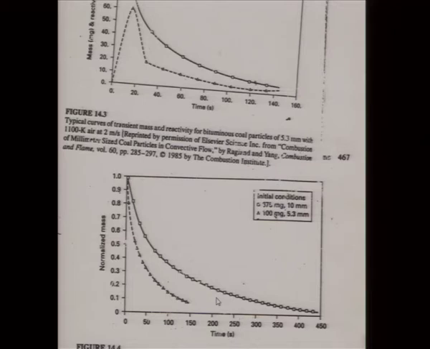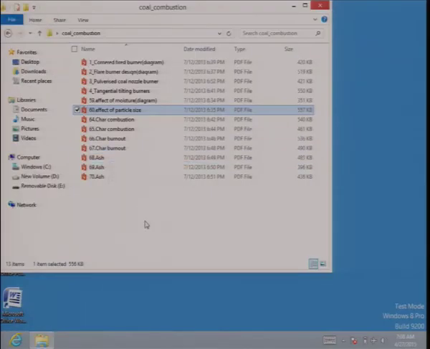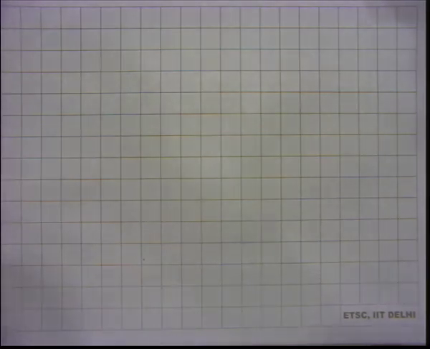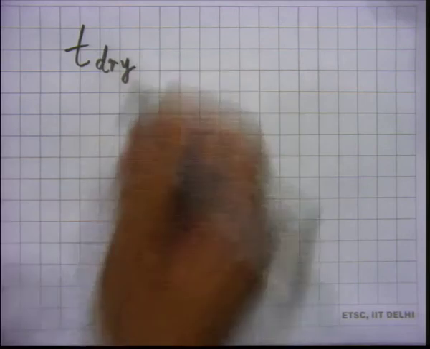Now, one can do an analysis of the drying process and the pyrolysis process and write approximate equations and actually get down to determining a T dry. This is the drying time.